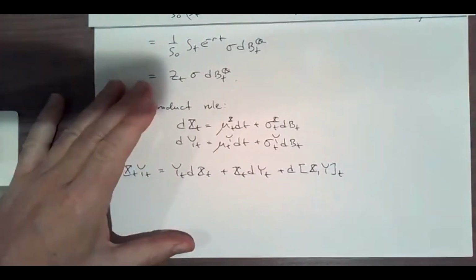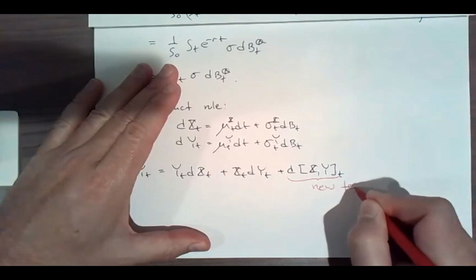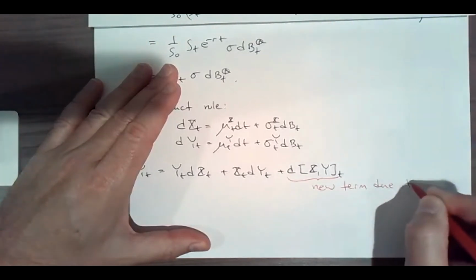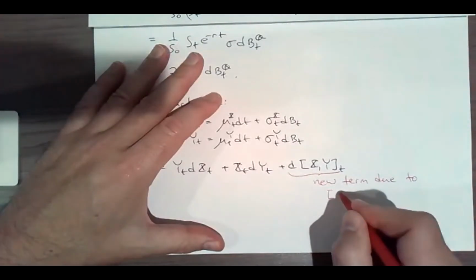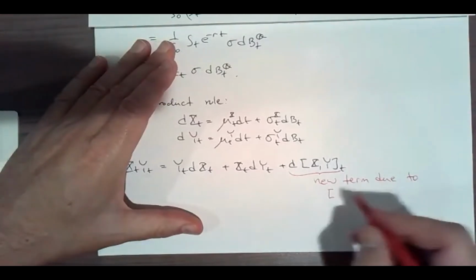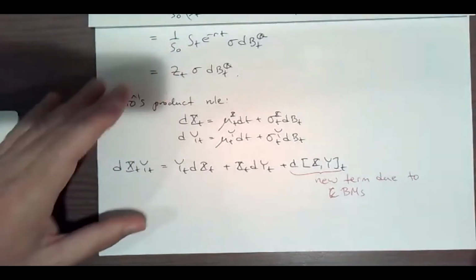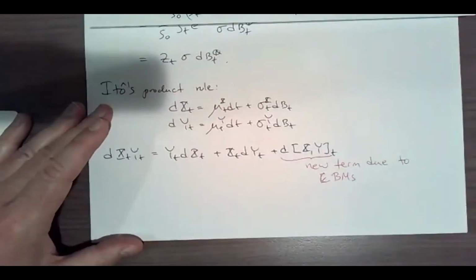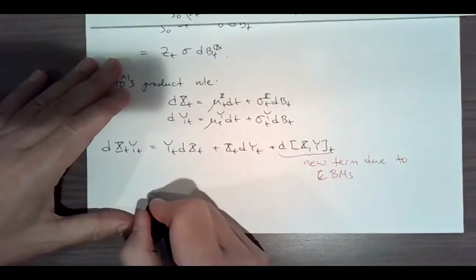Right, so this is new. This is our new term, and it's due to cross variation. This is due to Brownian motions. And so you can insert the dynamics now and compute exactly what this is equal to.